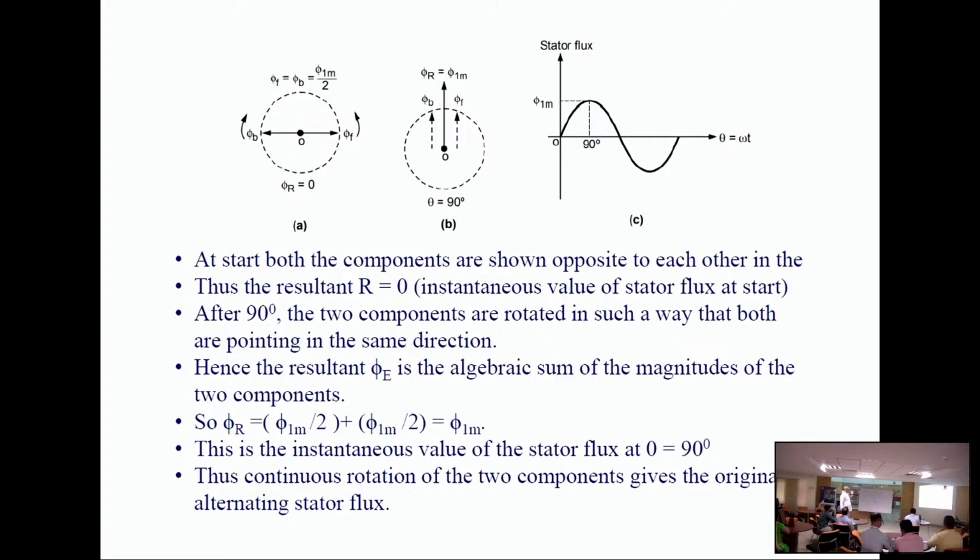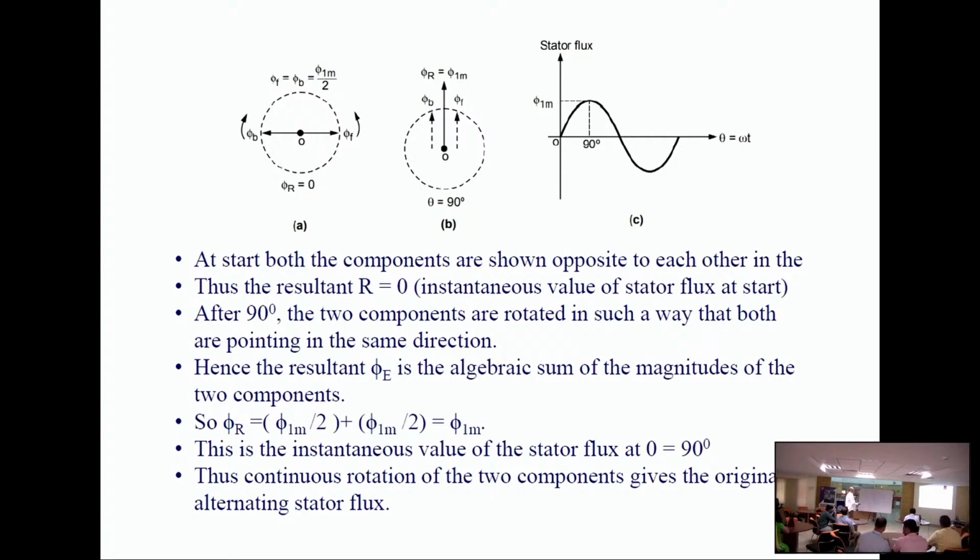Okay, so any sinusoidal quantity will be represented by the sinusoidal varying quantity. Suppose there are two vectors, like this one. So these two vectors are rotating in opposite direction. One is rotating in clockwise direction, the other in anti-clockwise direction.